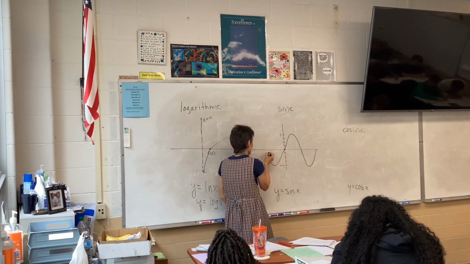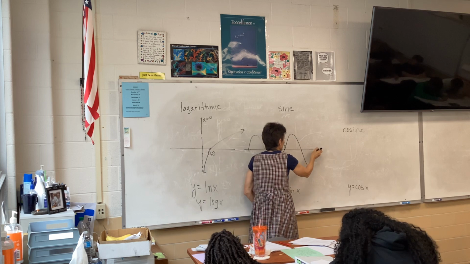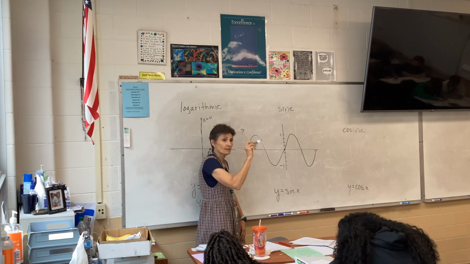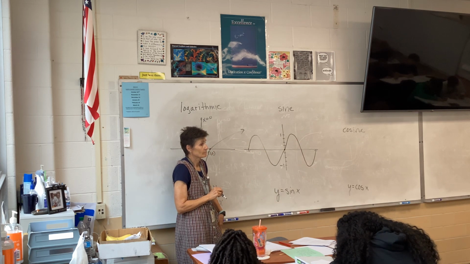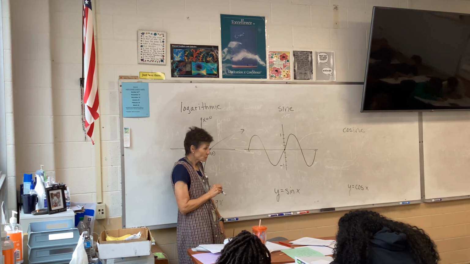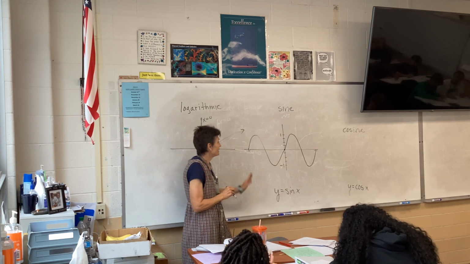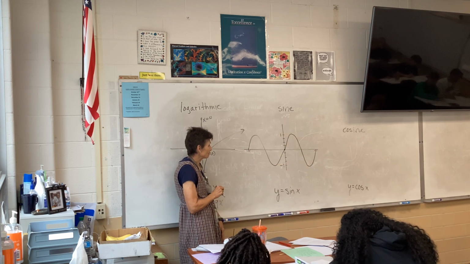So here's my valley and here's my hill. There are arrows on the end of that, boys and girls, because the sine curve goes on forever and ever. Last year's Math League t-shirts said catch the wave, and they had the sine curve drawn on there.